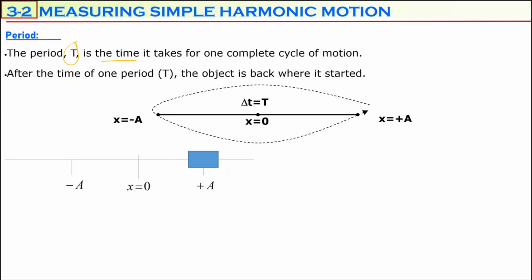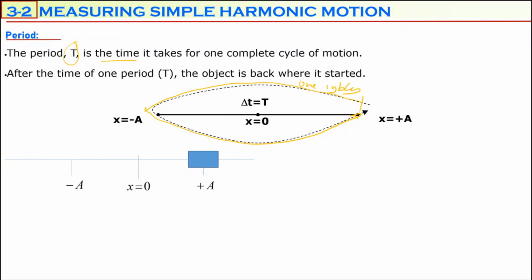In how many seconds an object vibrates for one complete cycle, that time is called the period. Let's recall the definition of the cycle. The object starts from maximum displacement on one side to the maximum displacement on the other and back again. This is one cycle.